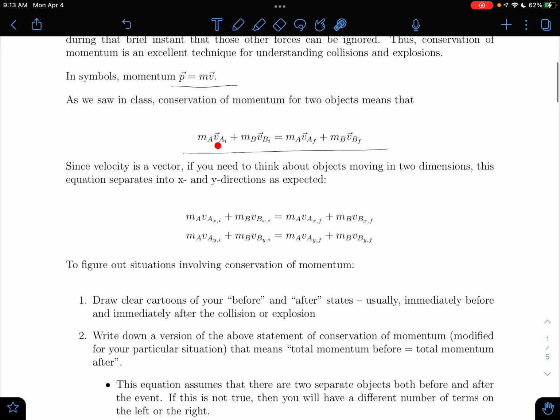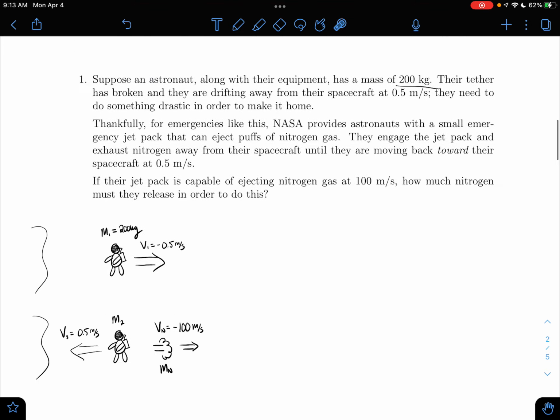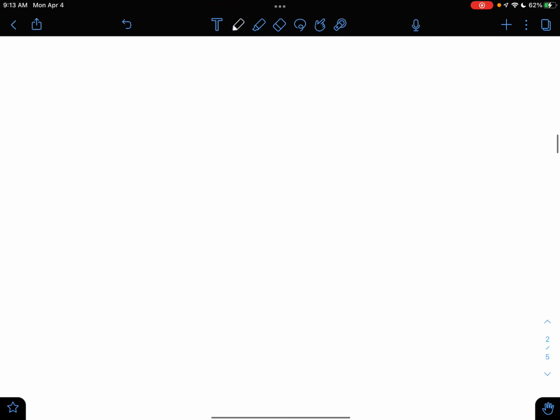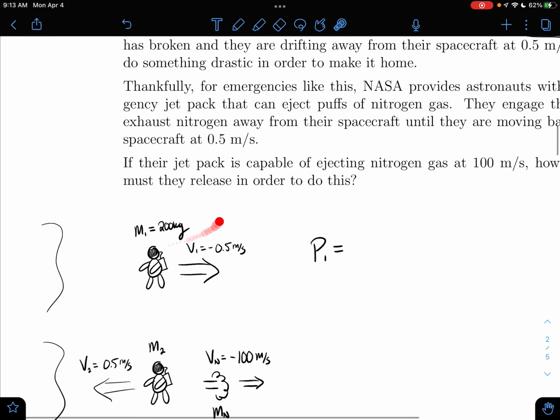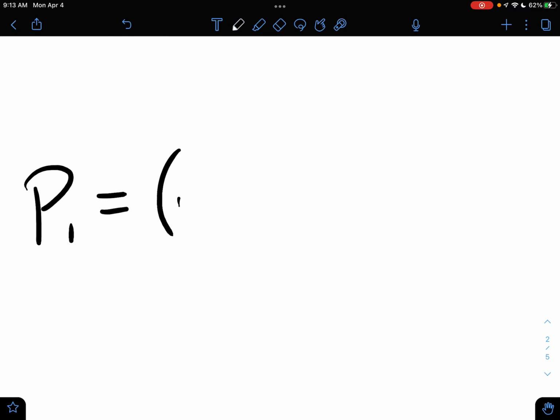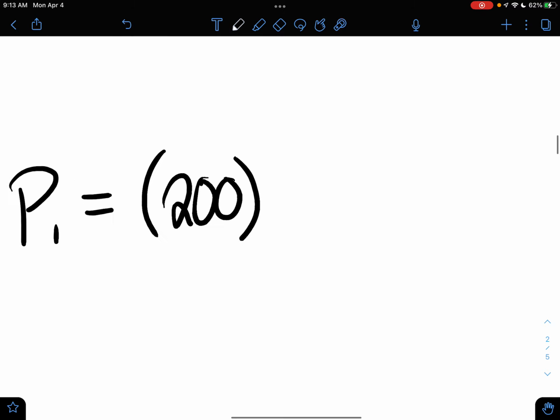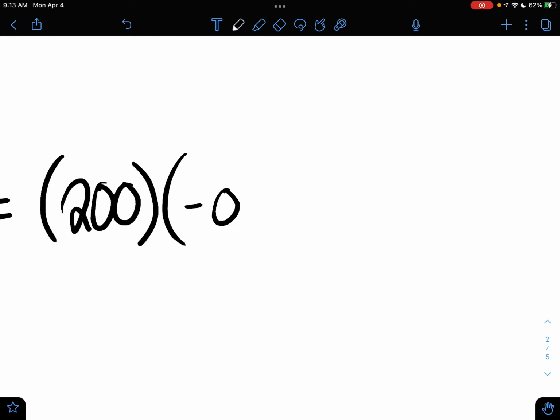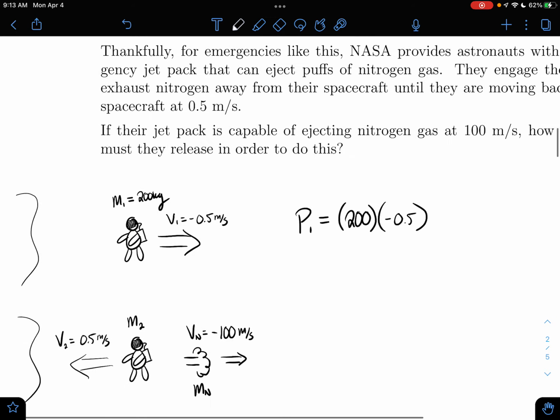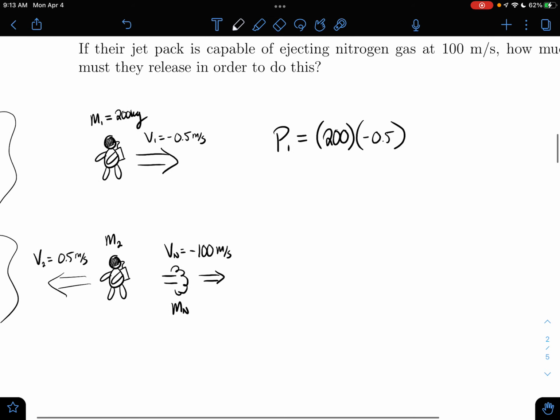Velocity is a vector, momentum's a vector. So let's find the momentum of our initial state. We have some mass of the astronaut and their gear and some velocity, so it's going to be 200 times negative 0.5. That's our first momentum.